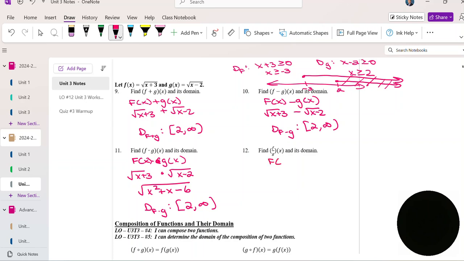Now f of x over g of x, so you would have the square root of x plus 3 over the square root of x minus 2. And remember, you can rationalize the denominator.